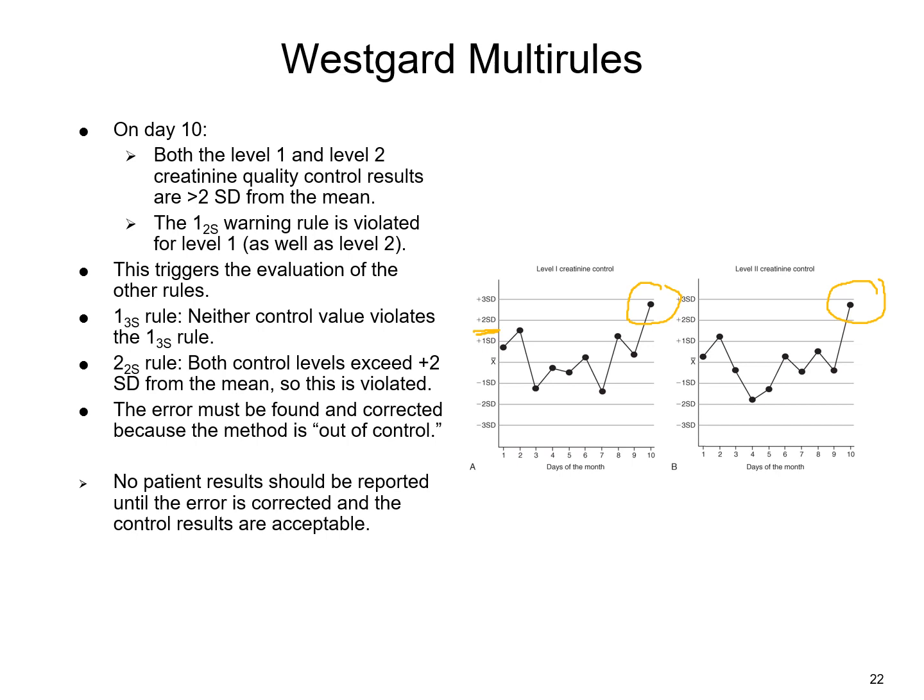So both controls exceed 2 standard deviations from the mean. So we know right off the bat that there's an error and that we need to actually investigate. Is there something that caused this? Usually if you see a spike with both of them like that, that leads you to believe that something happened between the previous run or the previous day to today.